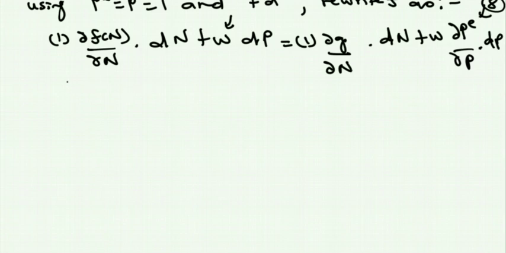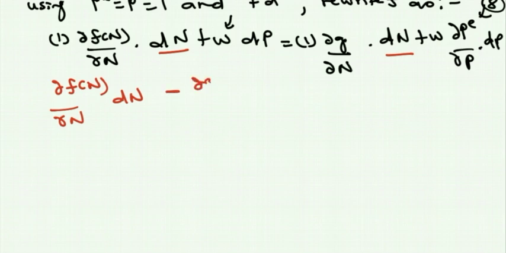What should you do with 8 here? Okay, what we need to do is that you look at dn. We have dn here. We also have dn here. So bring dn to one hand side here. So we have delta fn over delta n dn minus delta g over delta n dn equals. Now bring this to the right hand side.